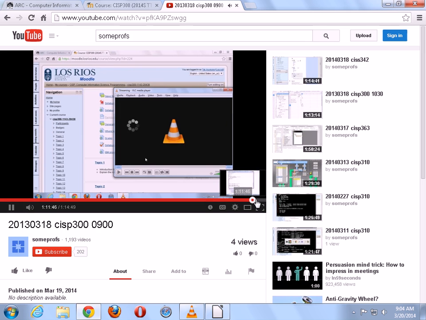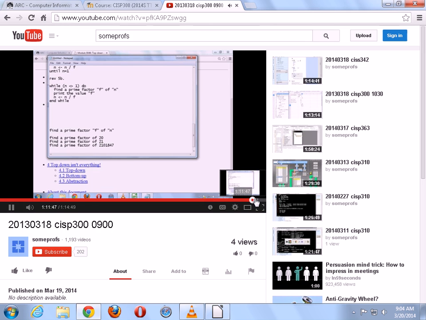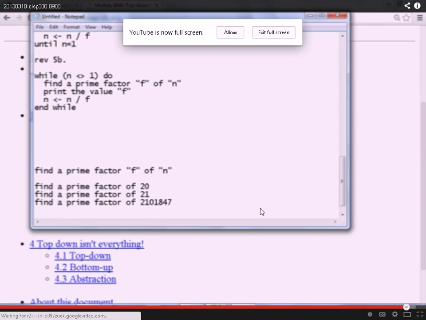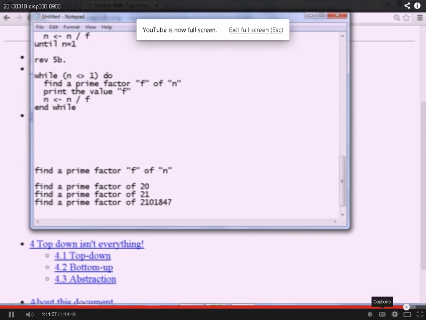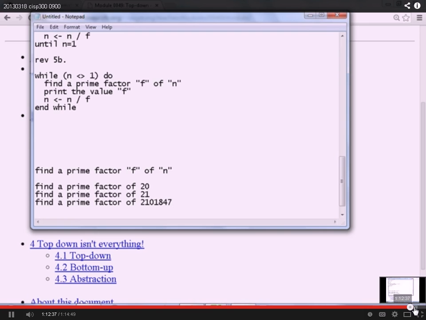Let's scroll all the way to the end because I don't need to know the rest. Yep, so that's where we left off last time. Let me make this bigger so that we can see it. Can you do it at a higher resolution? There we go, much better. All right, so this is where we left off last time.